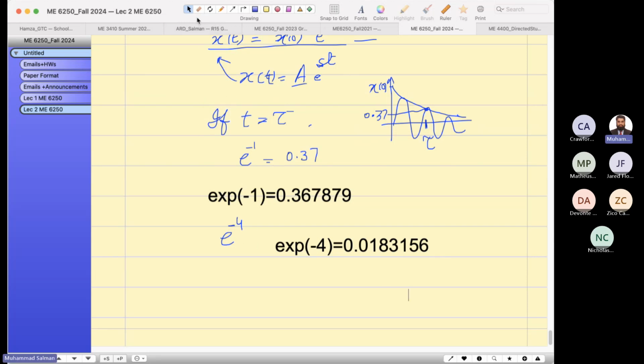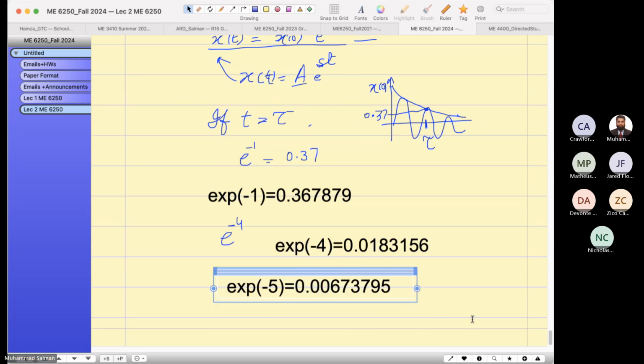So if I go to the negative 5, it is about 0.67. So this is what has been described here, I would just copy the whole thing here.